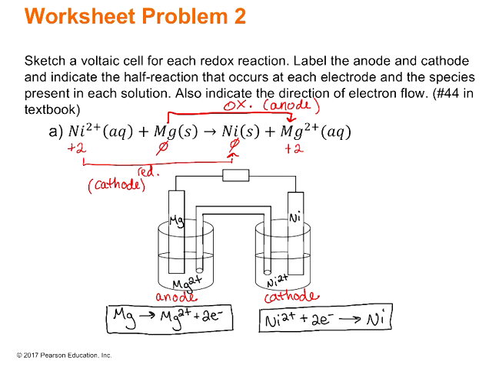So now, are electrons traveling left to right or right to left? Magnesium is losing electrons and nickel is gaining electrons. So electrons are going to move away from magnesium and towards nickel. Okay, and then this tube here is our salt bridge.